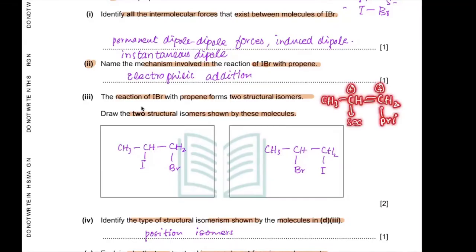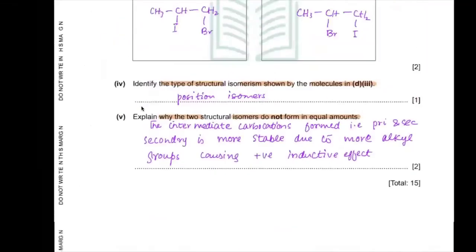So this carbocation is more stable, which means more of the secondary carbocation is formed as compared to the primary carbocation. So that's why we would not get equal amounts. And why is it so? Because this secondary carbocation is more stable, as it is bonded to more alkyl groups causing more positive inductive effect. Is this clear? Yes, sir.